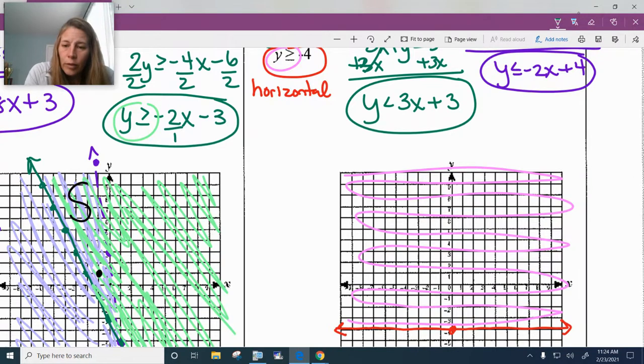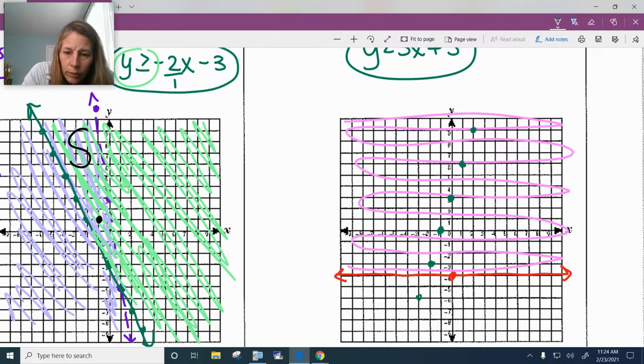All right, let's go to our next one here. So I'm going to begin at the 3, and then I'm going to go up 1, 2, 3 over 1, up 1, 2, 3 over 1, or I could go down 1, 2, 3 to the left 1.